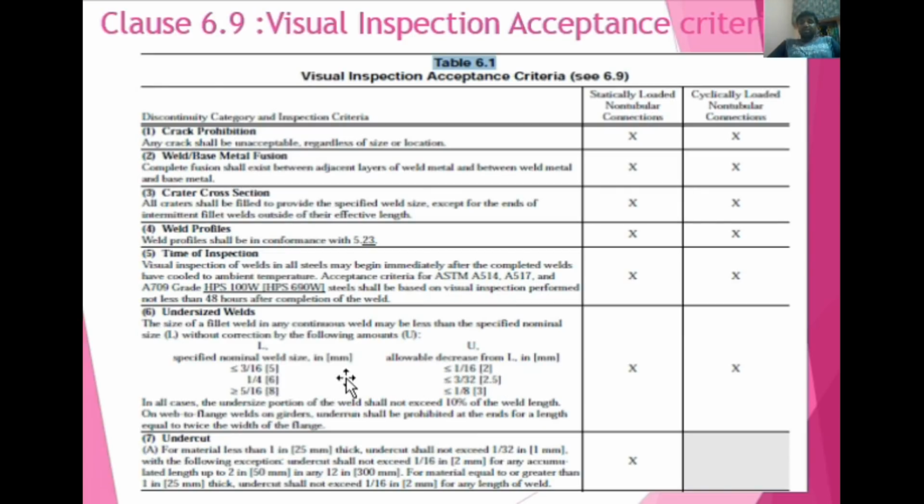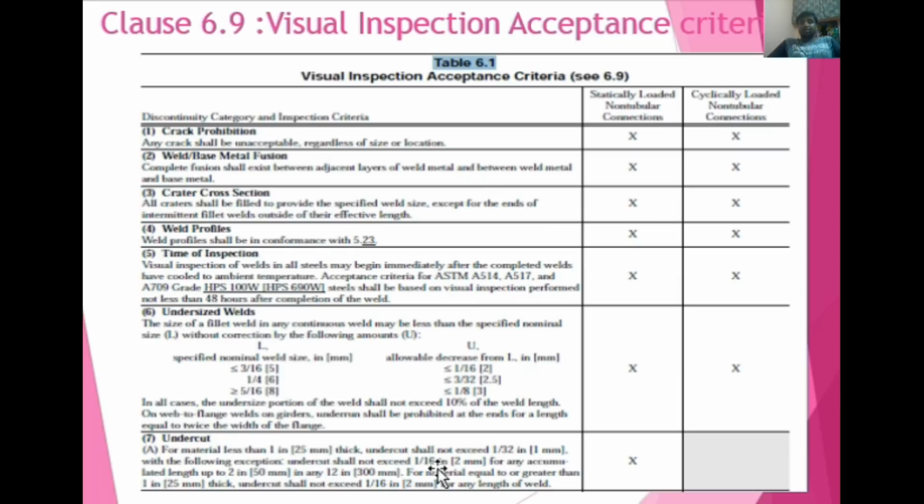Similarly, for 6 mm, 2.5 mm, and for 8 mm specified nominal weld size, 3 mm is acceptable. But in all cases, the underside portion of the weld shall not exceed 10% of the weld length. This is very important. If it is 100 meters of weld length, only 10 meters of underside is acceptable. If the underside weld portion is more than 10 meters, it is not acceptable. We cannot accept that weld.